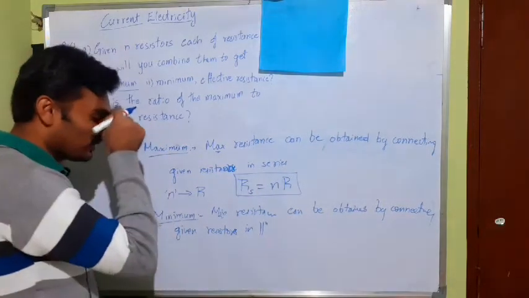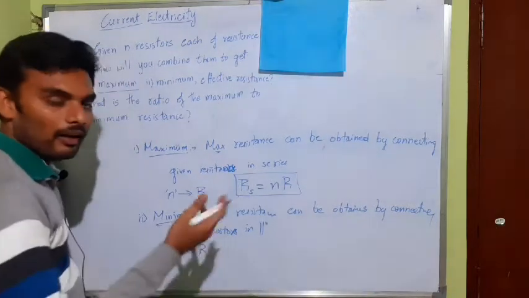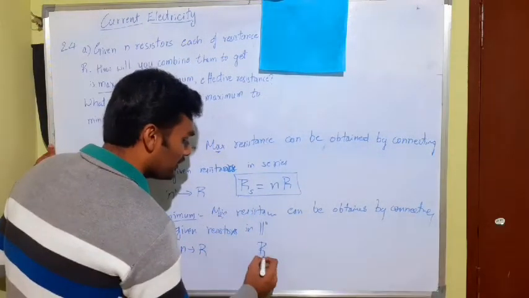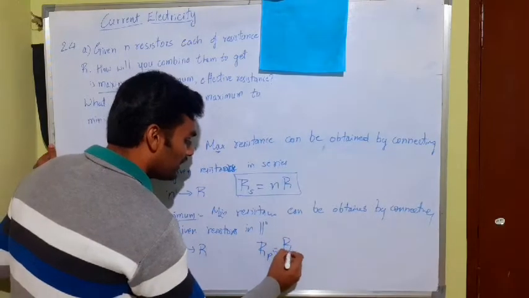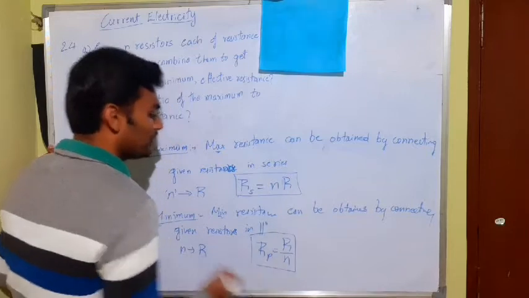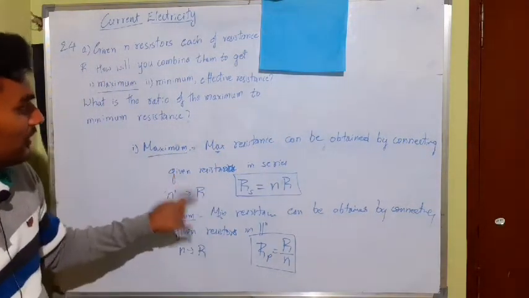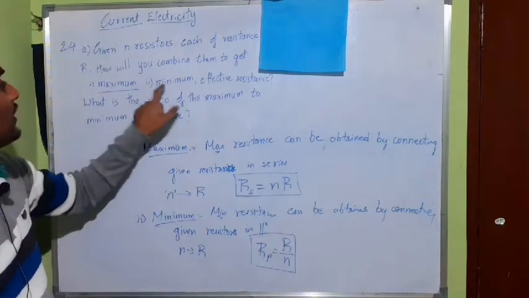So you have n resistors again, each of resistance R. That's it. Rp is equal to R by N. Again a direct formula, which itself is the solution. So these two are the answers for the first two questions.